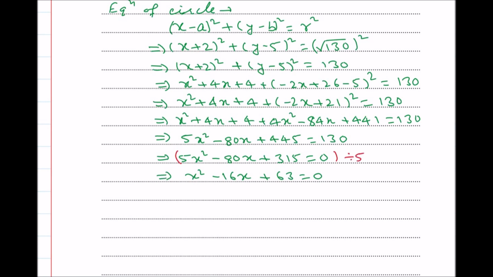Okay. Now we can factorize this. So we get x minus 7 into x minus 9, and that is equal to 0. So x minus 7 equal to 0, or x minus 9 equal to 0.